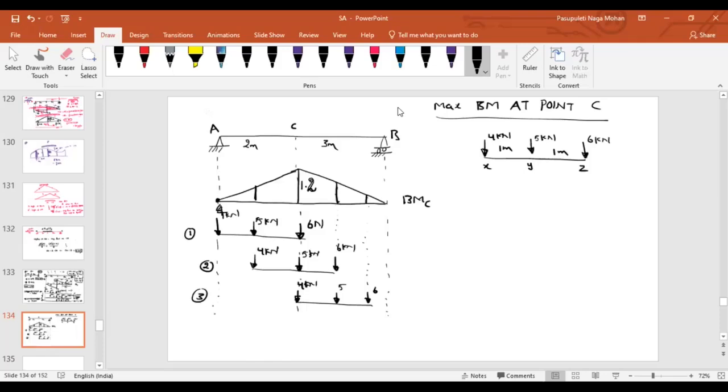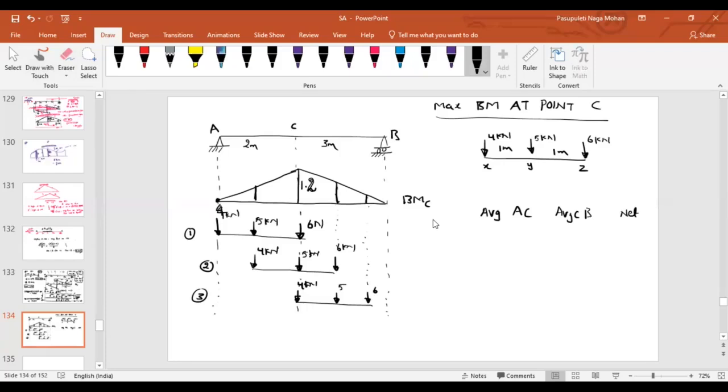Let me tell you how. In the first case, I'm taking the average load on AC. In the second case, the average load on CB, and then the net value, the difference of these two.